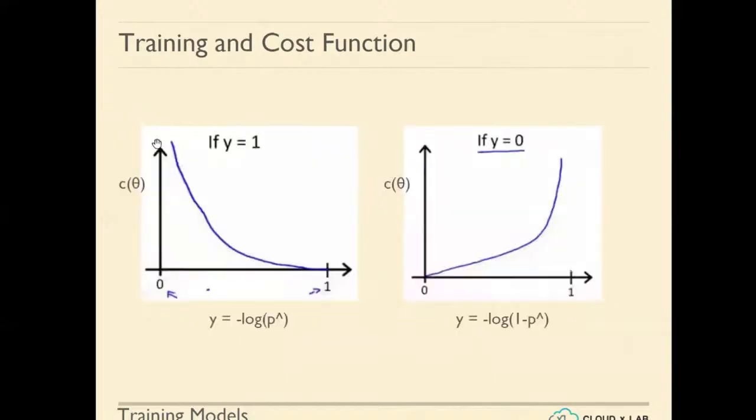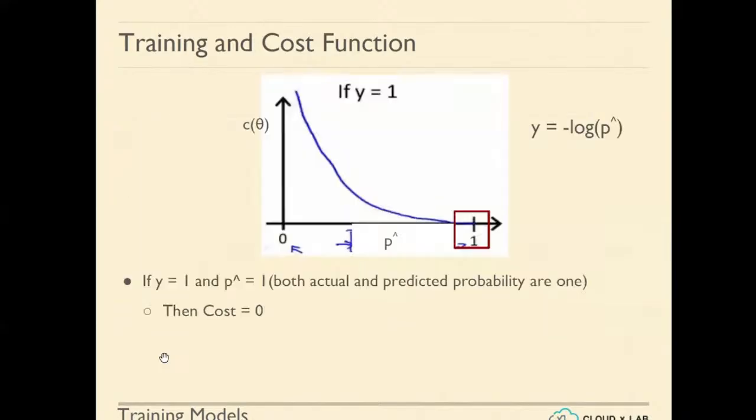So if this minus log p hat value, let's say the model is saying negative class, but the actual is positive class, in that case the error will be very high, right?